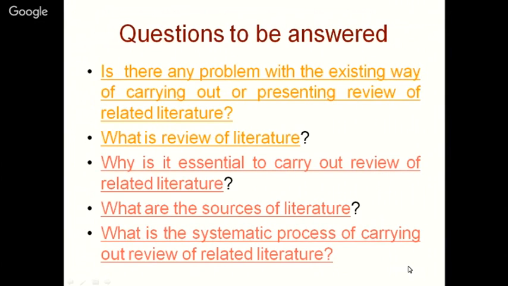With this understanding of the concept of review of related literature, let's go to the third question. The third question I'm posing to the house is, why is it essential to carry out review of related literature? क्यों जरूरी है review करना?